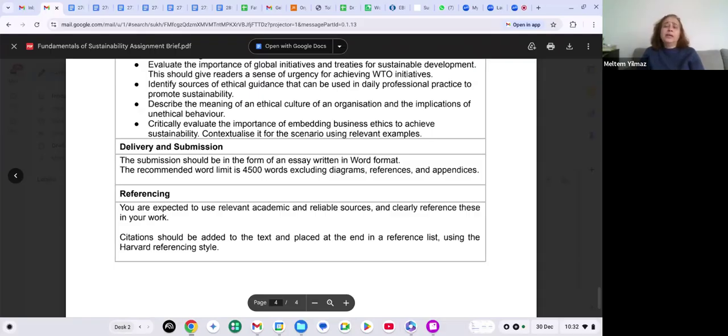So that is what we expect in this assignment. At the end, this is how we have shown the learning outcomes integrating into a scenario for the World Trade Organization initiative.